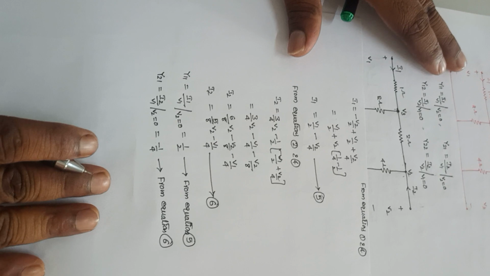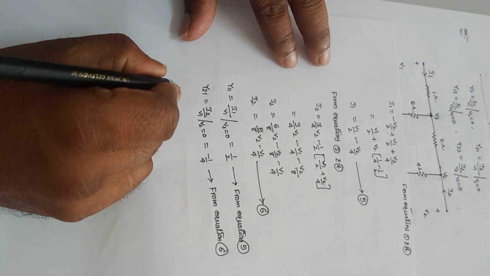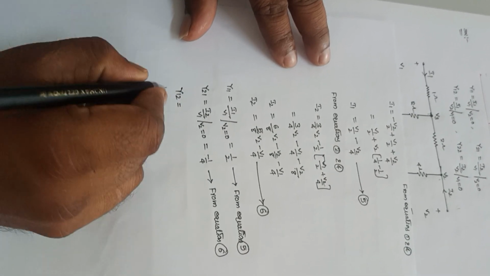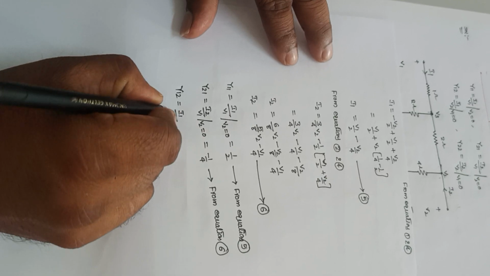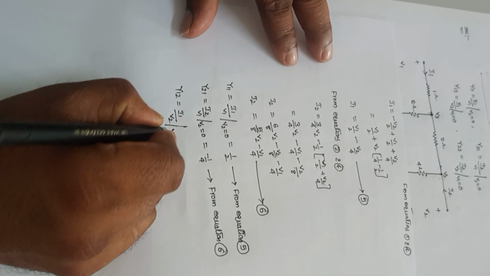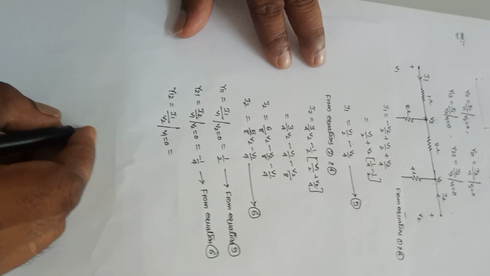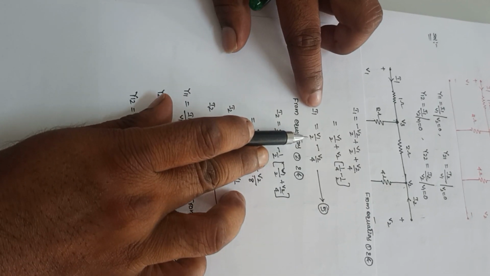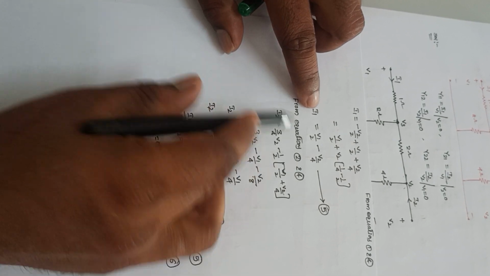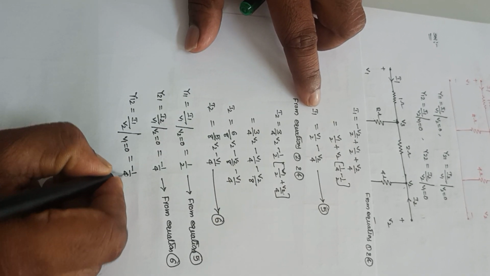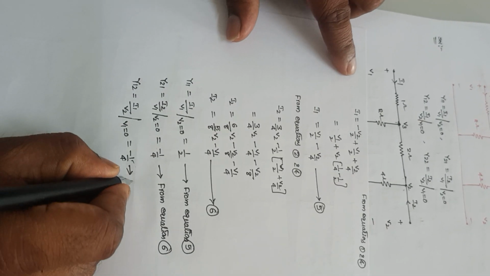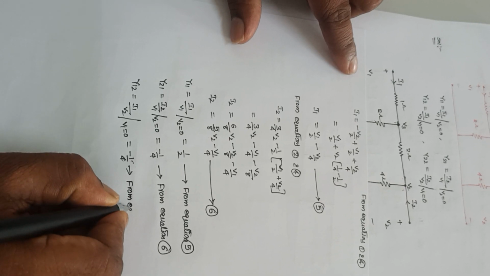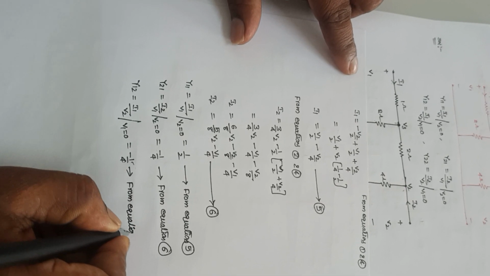Now y12 is equal to I1 by V2 when V1 is equal to 0. So this is the I1 expression. If I substitute V1 is equal to 0 here, I1 by V2 is equal to minus 1 by 4, from equation 5.